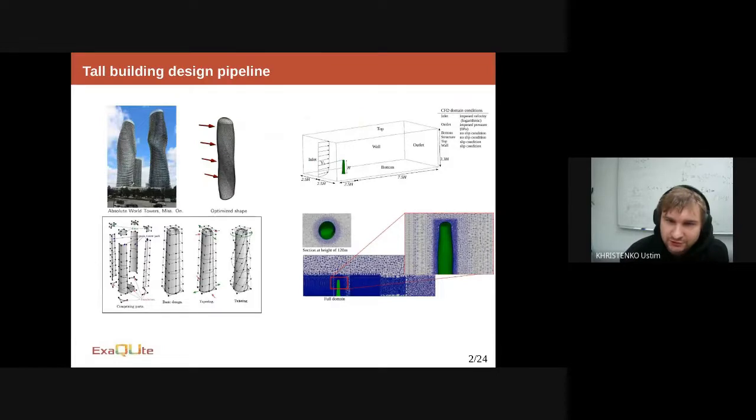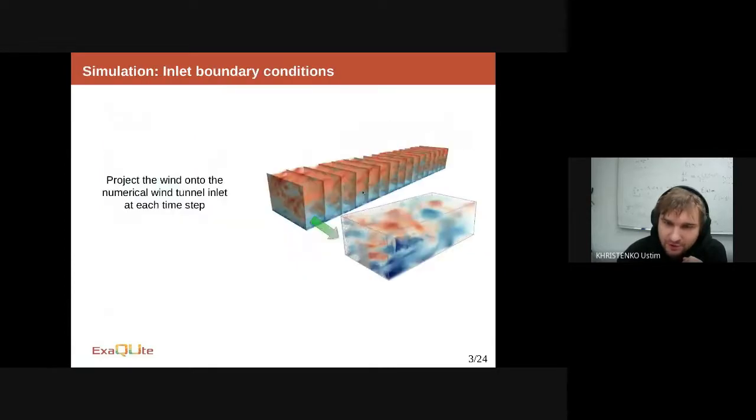So this is the general framework for optimization of the shape of the tall building. We need to generate the wind turbulence field. For this we need to generate synthetic wind inflow, here in the inlet surface. So how is it implemented?